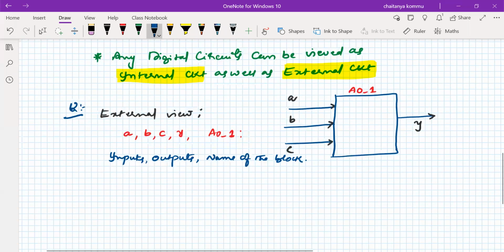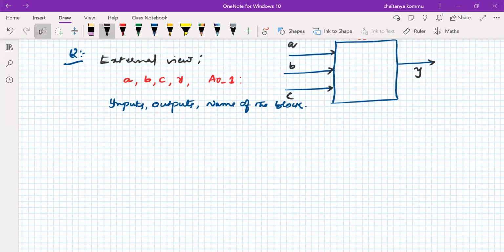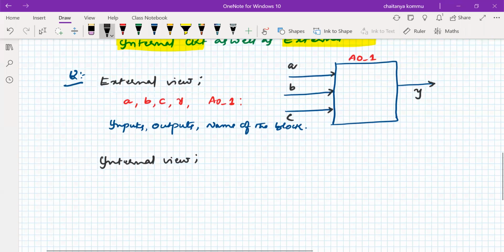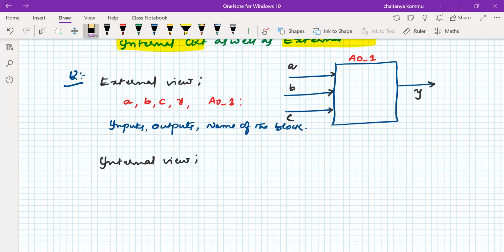Now the second point is, what is the internal view? The internal view of this circuit. Copy, and I want to paste it here.